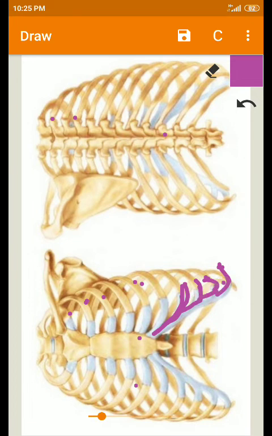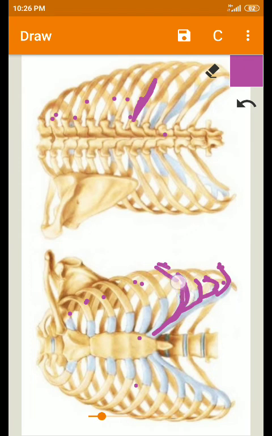costal cartilages. So these ribs are therefore known as, so posteriorly each rib is attached with the vertebrae. So here we can see 1, 2, 3, 4, 5, 6, 7. After that the 8th one. This 8th one is attached to the vertebrae, and anteriorly it is not attached to the sternum.